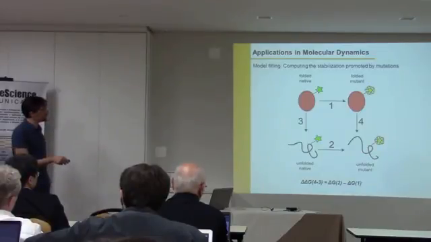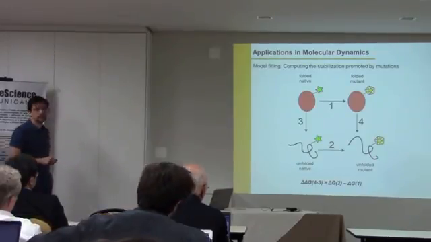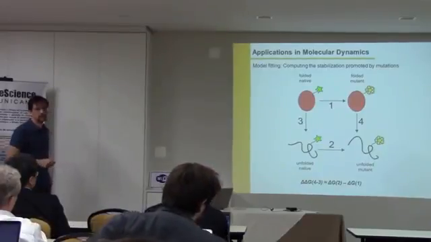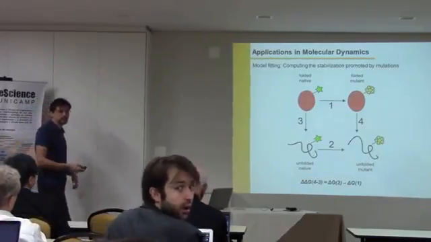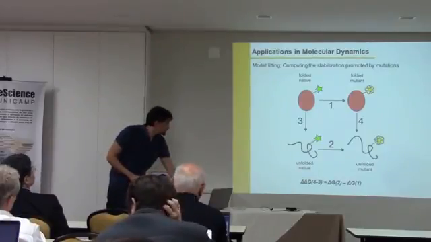And we can complete this thermodynamic cycle by computing the change in free energy of mutating this residue in the unfolded protein relative to the change in free energy in mutating the residue in the folded protein, and then we can obtain the relative stability of the protein with and without the mutation in different states.